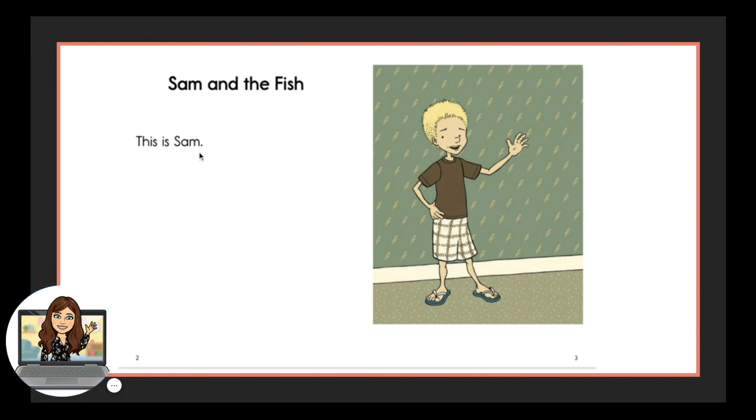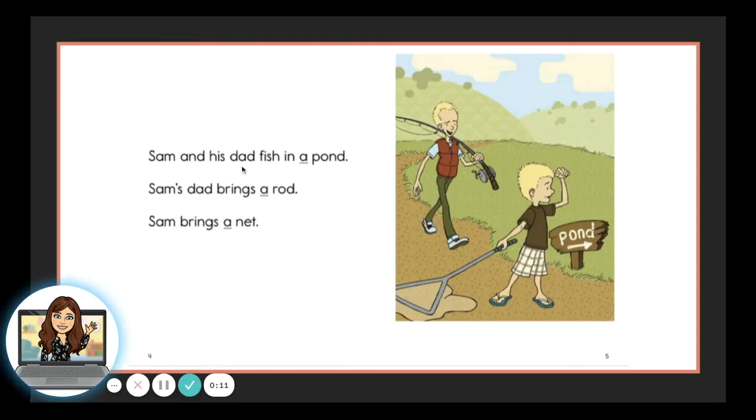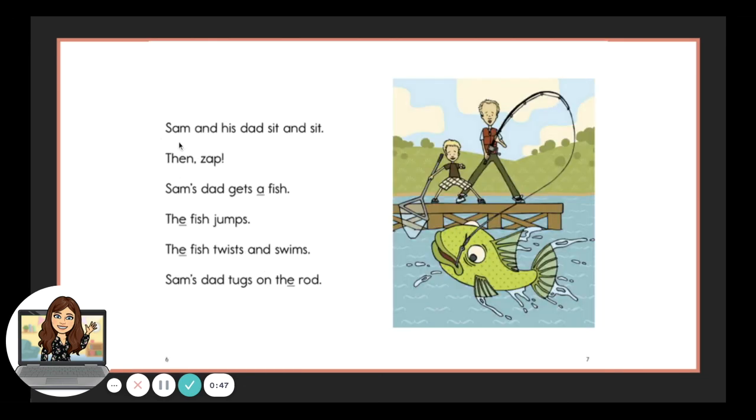This is Sam, period. Sam and his dad fish in a, tricky word, a, pond, period. Sam's dad brings, tricky word, a, rod, period. Sam brings a net, period. Sam and his dad sit and sit.